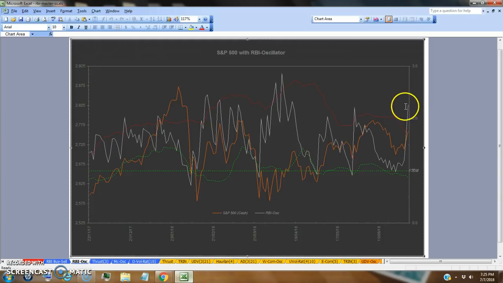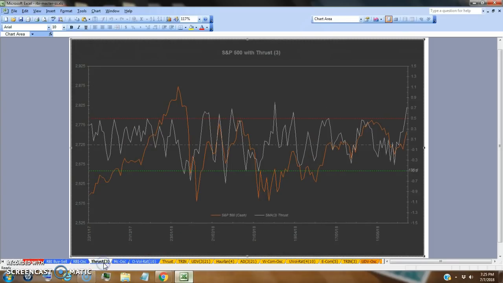Oh, and I'm sorry. The bands, the green and red bands, are overbought, oversold conditions here. So this is the RBI oscillator. When it's below the green band, it's oversold. When it's above the red band, it's overbought. Now it's gone straight up here over the red band, gotten itself way overbought here, short term.